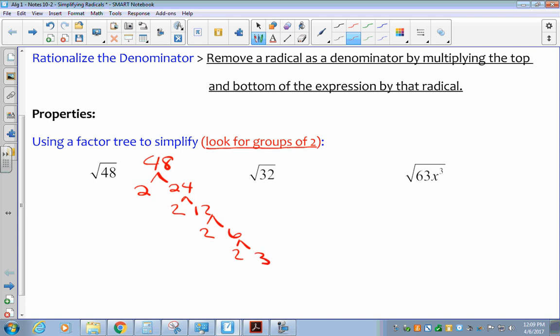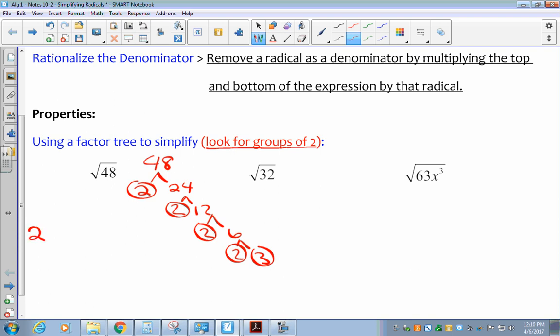We're just breaking up 48 into its prime factors. If you have never seen a factor tree before, what you do is you start with the factors that you know, branch them off into those 2 factors, and then when something's a prime number, it gets stuck. So you circle all of your primes. And you break down 48 into its primes.